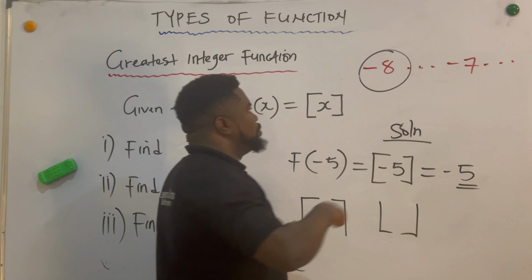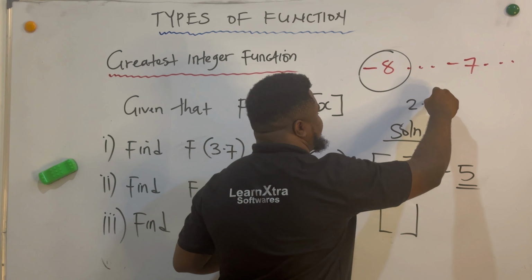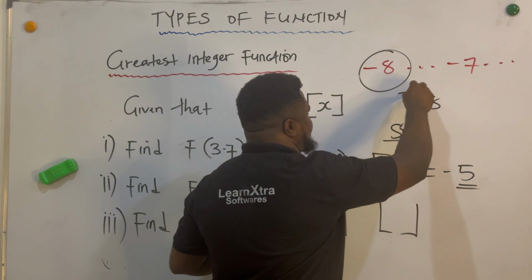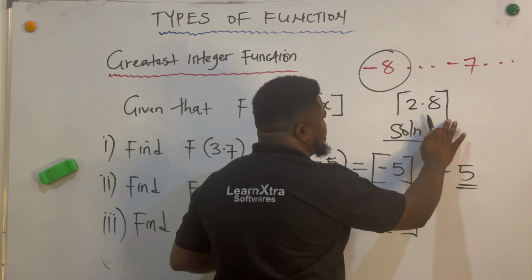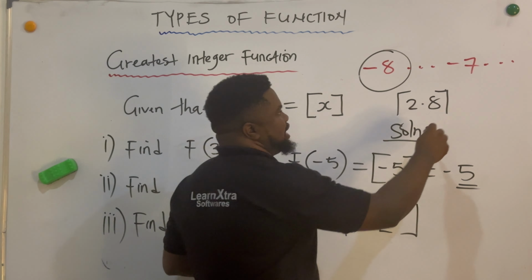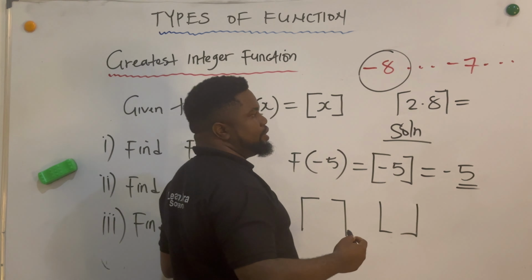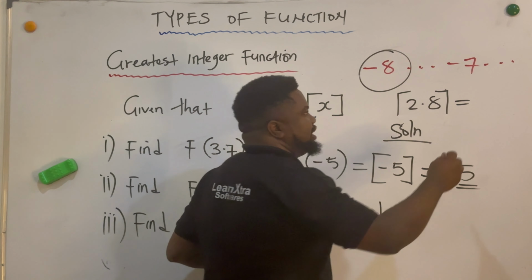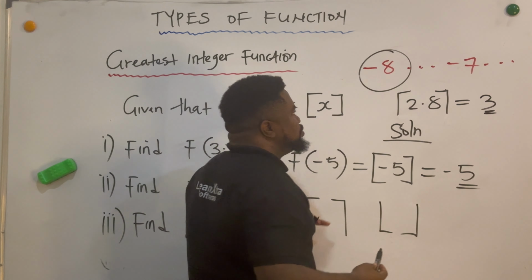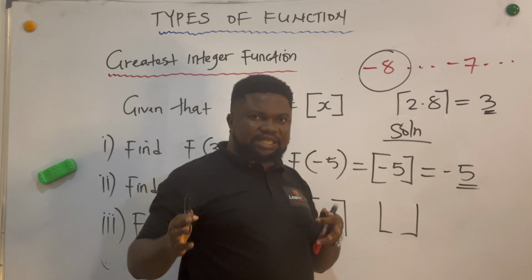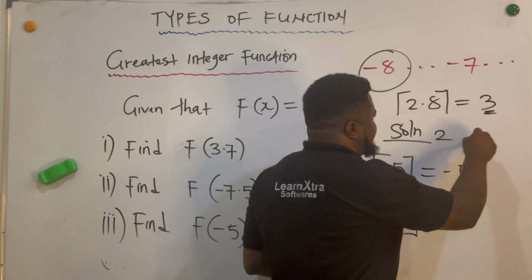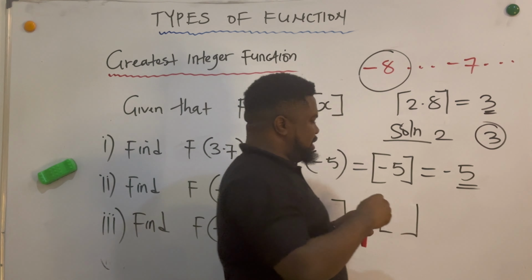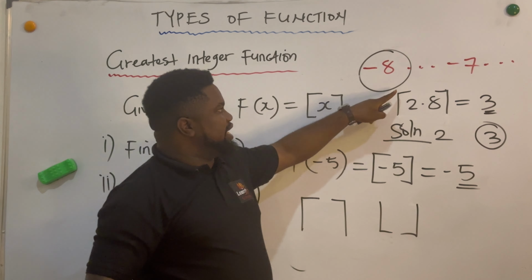If I give you 2.8 now to evaluate with the ceiling function, the answer will be 3. 2.8 is in between 2 and 3, and the bigger one is the one the ceiling function takes.